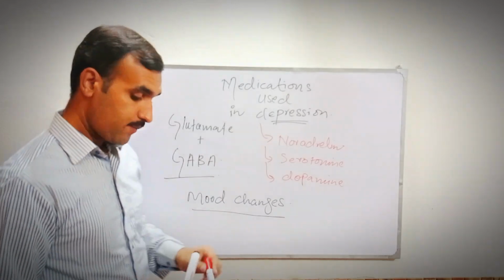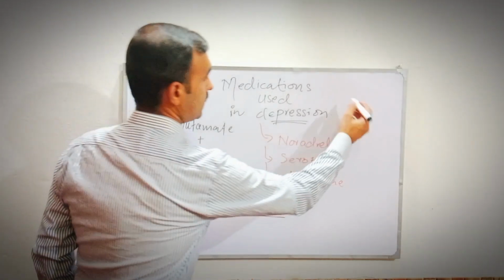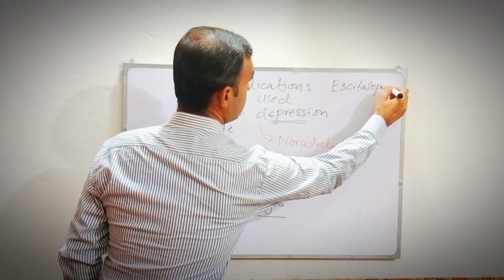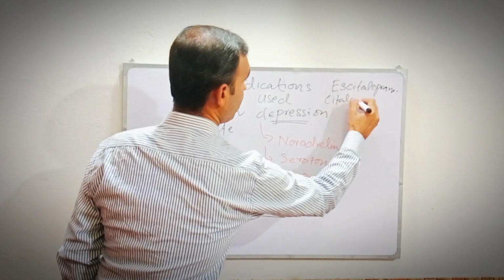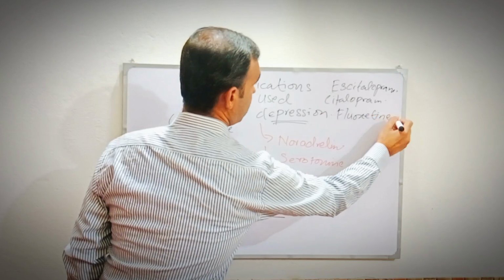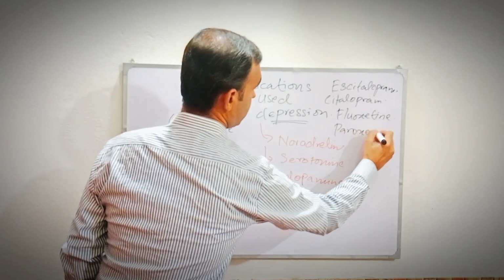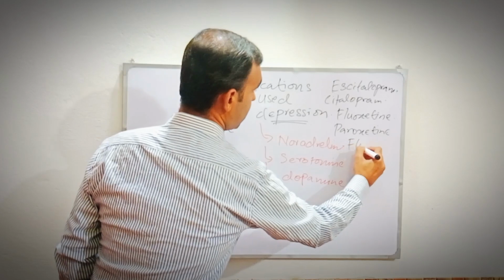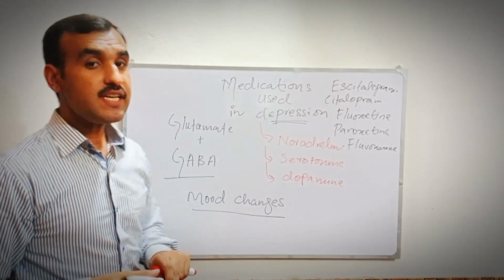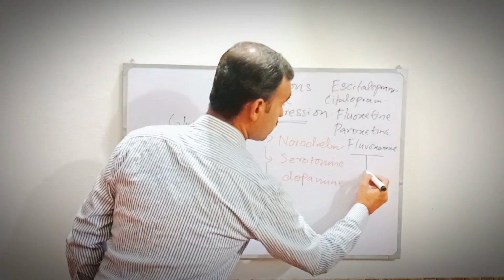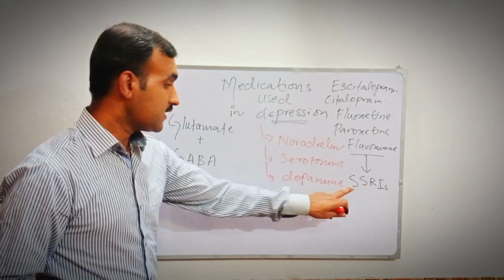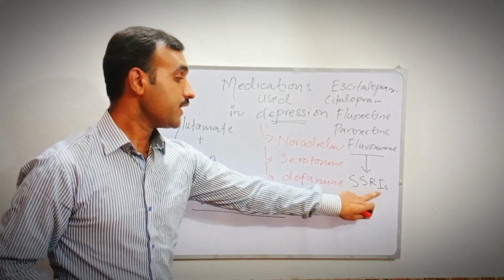So guys, the medications citalopram, fluoxetine, paroxetine, fluvoxamine, and many more are a class of medicines known as SSRIs, meaning selective serotonin reuptake inhibitors.